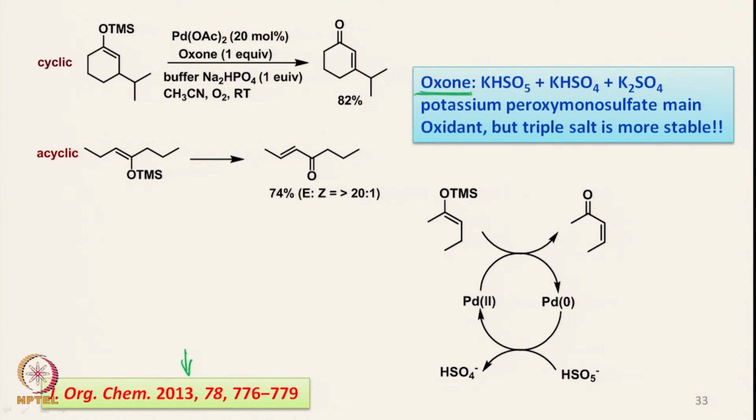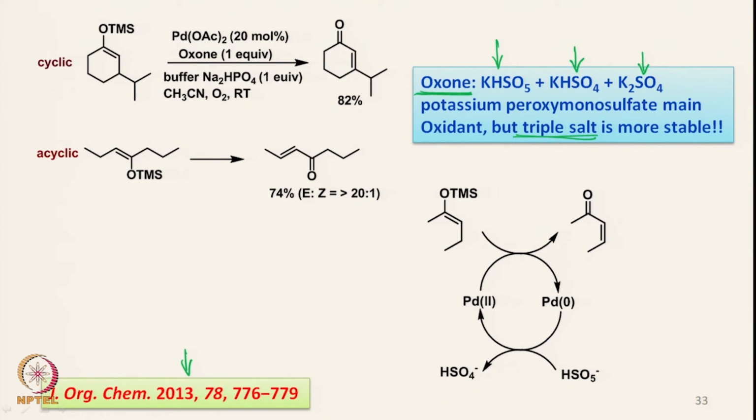Oxone is basically a triple salt, which is primarily potassium peroxymonosulfate, and the potassium hydrogen sulfate and potassium sulfate are essentially there to stabilize the salt, because it is a peroxy salt.